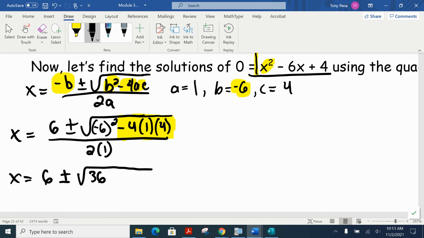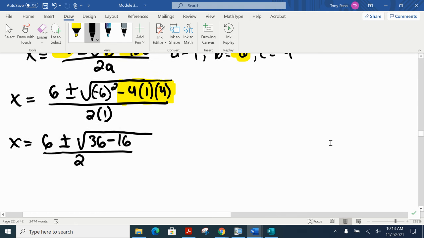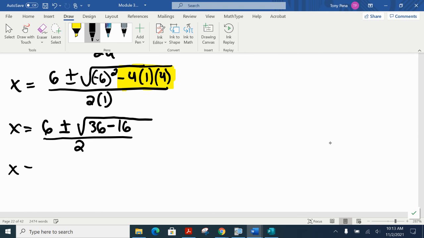That negative 4 times this positive 4 should be a negative 16. And then all of that gets divided by 2. Okay, then as we get there, you're going to do 6 plus or minus. Go ahead and simplify it. 36 minus 16 is a 20. And then all divided by 2, and we're close.